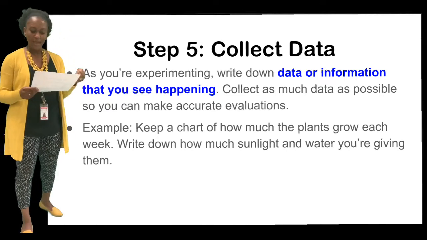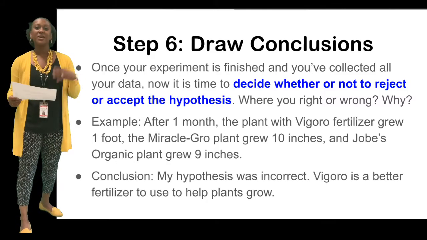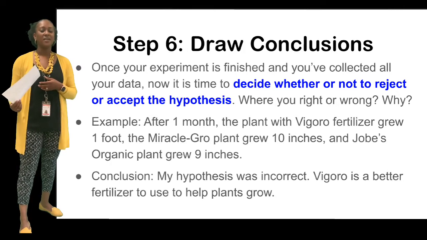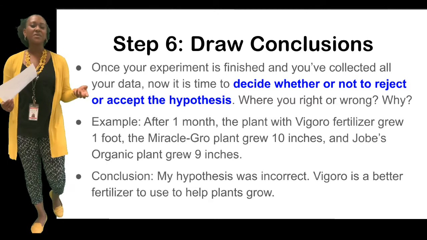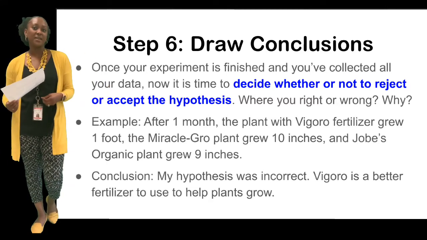Okay, and then after we take our data, we're going to use that to help us form our conclusion. All right, so was your hypothesis correct or incorrect? All right, and you want to state that and use your data to back it up. That's kind of like what we do with RACER. We use our evidence to back it up. Okay, so you're going to use your data for that.